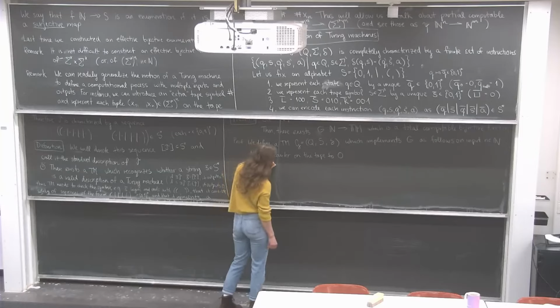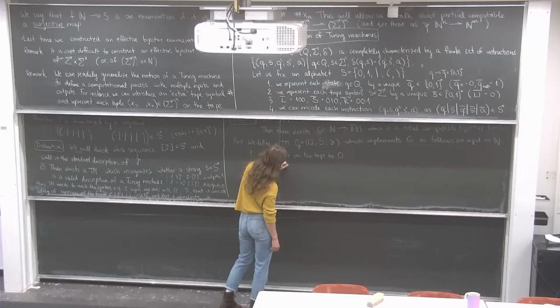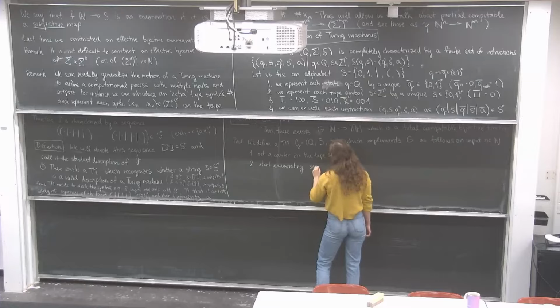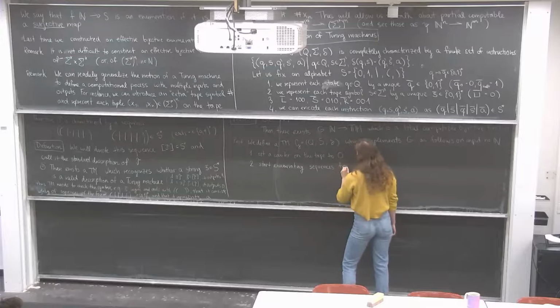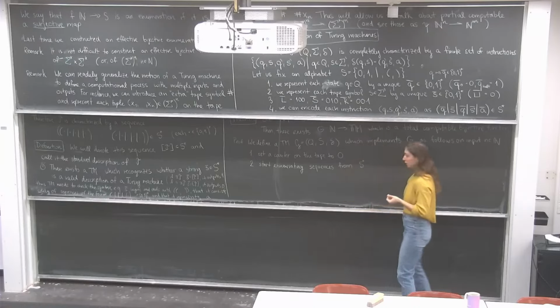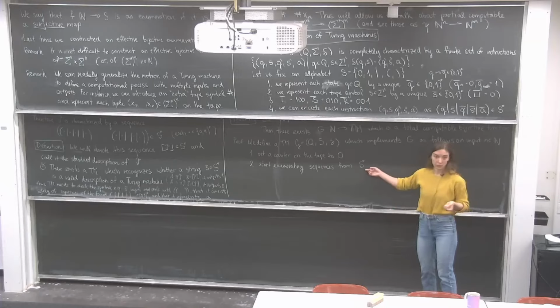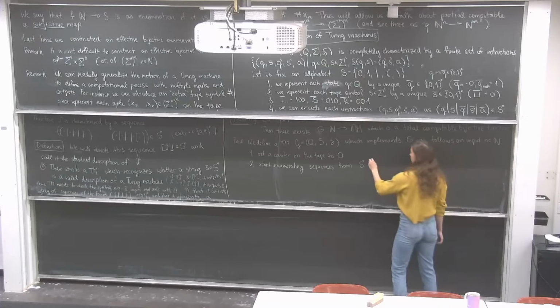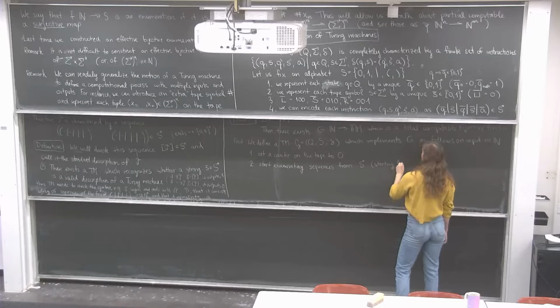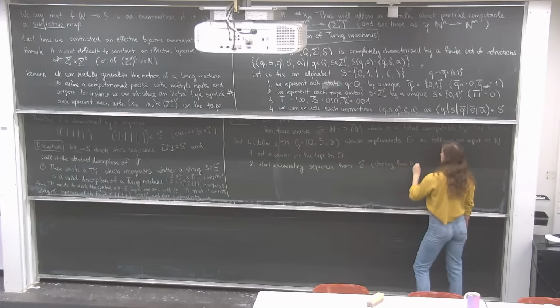Start enumerating sequences from S star. So we have an effective enumeration of S star. Starting from the smallest.